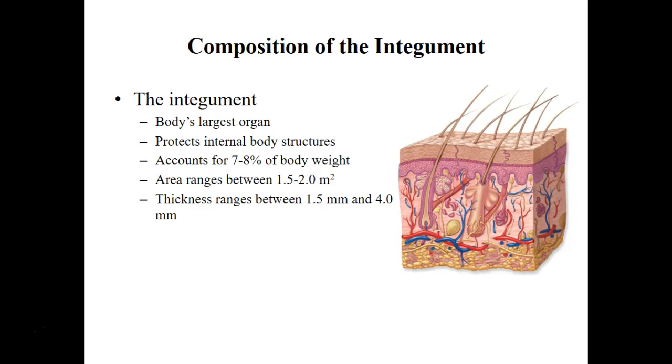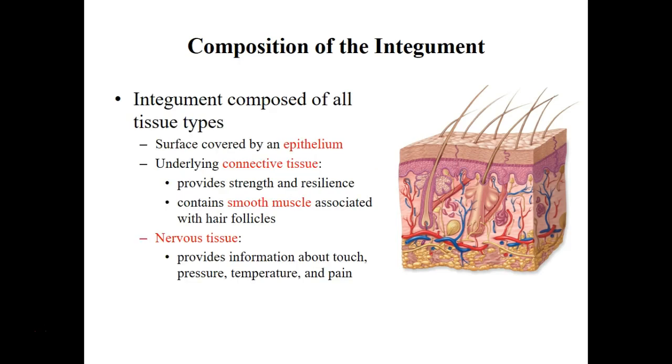Some regions of the skin can have certain markings that distinguish one individual from another. Moles are an example, birthmarks, freckles. And so we'll talk about these different things as we go through the integument.